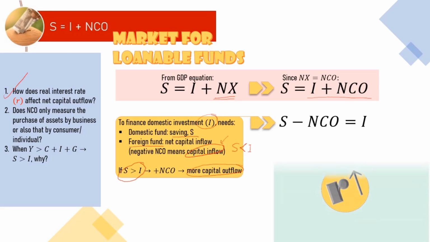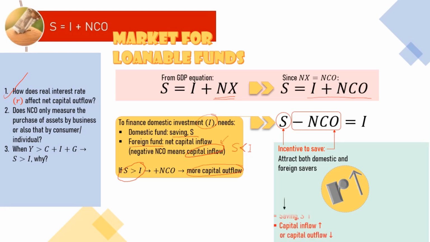When real interest rate increases, what's going to happen? Look at the equation again. Interest rate is an incentive to save. It attracts both domestic savers and foreign savers, which results in more capital inflow.